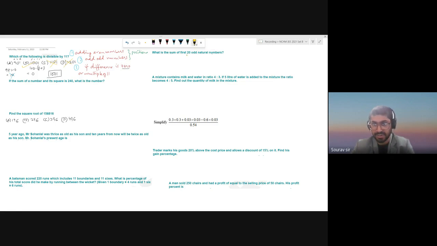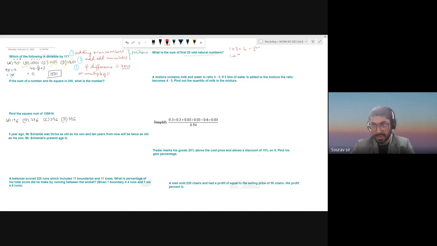Next, moving on. What is the sum of the first 20 odd natural numbers? Let's look at a pattern. If I sum the first 2 odd numbers, not the square, just the odd numbers, what do we get? 1 plus 3, 4. We added 2 odd numbers, this is 2 square.